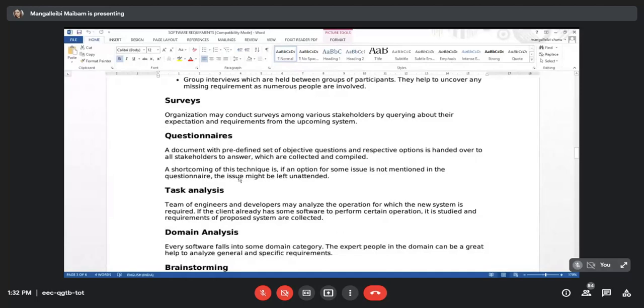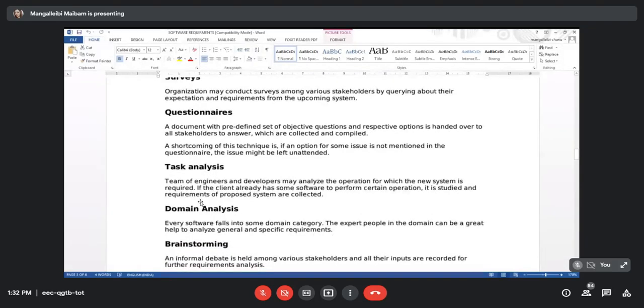And questionnaires, that means we will be asking a set of questions where the user can give some options or answers. So it is a document with a predefined set of objective questions. Some set of questions will be there, and from that you have to give the respective options, and you can hand over this questionnaire to the analyst or the engineer or team of expert people.